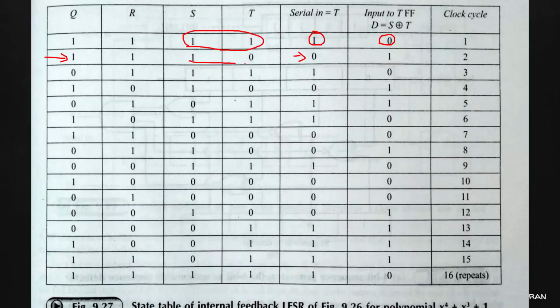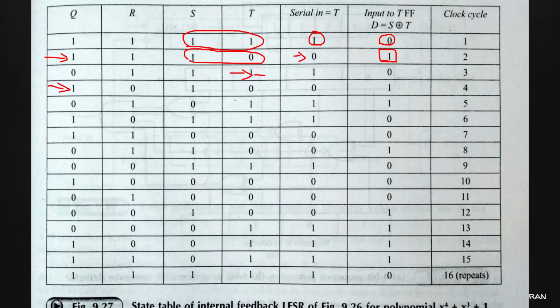Again, here S and T are 1 and 0, and 1 XOR 0 is 1. This will form the input of our fourth or last flip-flop in the next clock pulse. And similarly, the T flip-flop's present value, that is 1, forms the input of your first flip-flop in the next clock pulse.